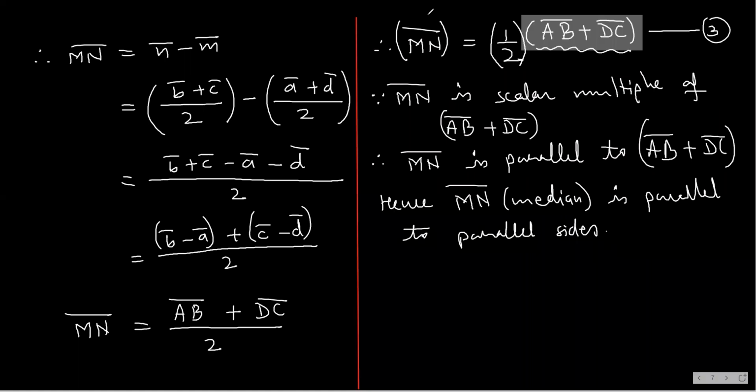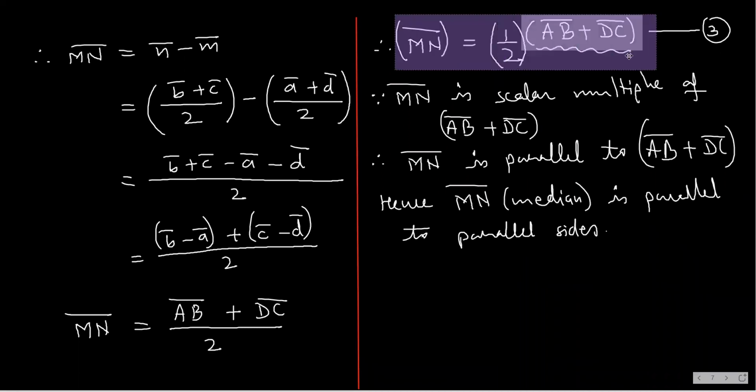Next, I have to go for the length of the median, for which I will take the magnitude on both sides of equation 3. So I write here, from equation 3, we can write mod MN bar.